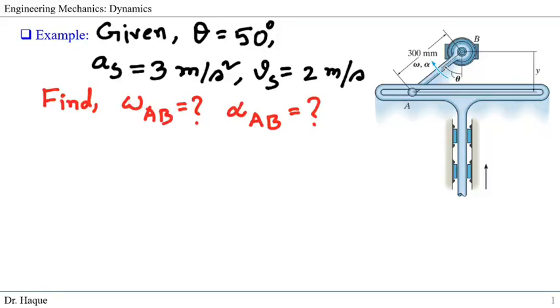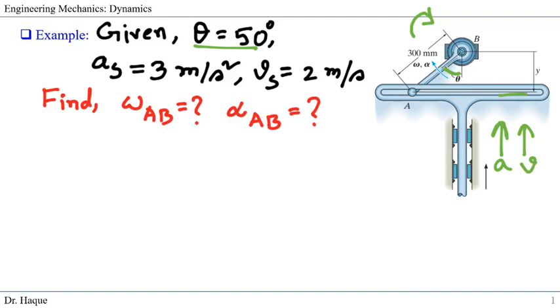In this webcast, we're going to solve a general plane motion of a rigid body using absolute motion analysis. So the problem says that this T slot is moving upward while this arm AB is rotating clockwise at a given instant of angle theta, 50 degrees, and the acceleration of this slot is given as 3 meters per second squared upward, and also velocity 2 meters per second upward of this T slot.